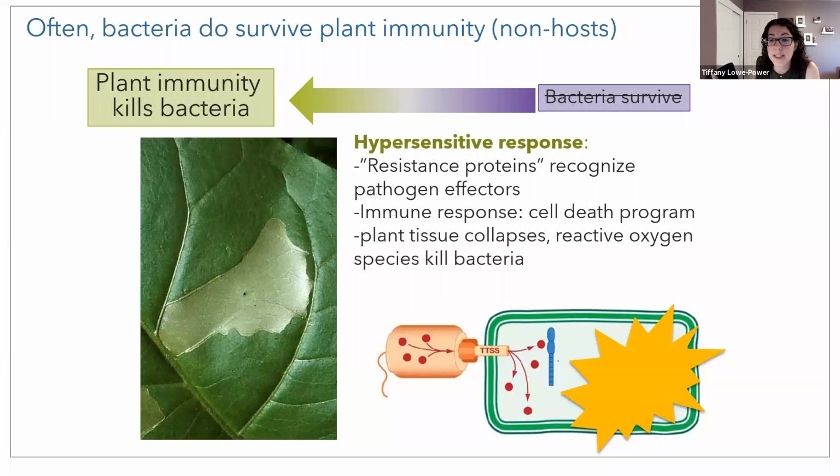They kind of harm everything in biology. And so those reactive oxygen species and other antimicrobial chemicals can kill off the bacteria. The plant also sacrifices part of its tissue and collapses it in hopes of keeping the bacteria from spreading further. So the plant can often be successful.